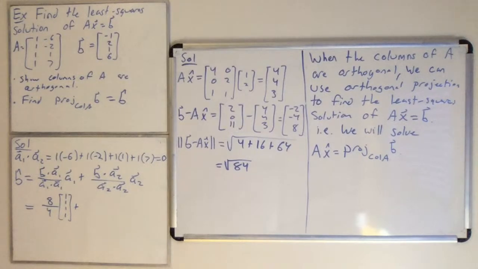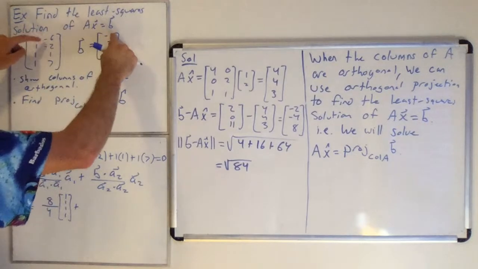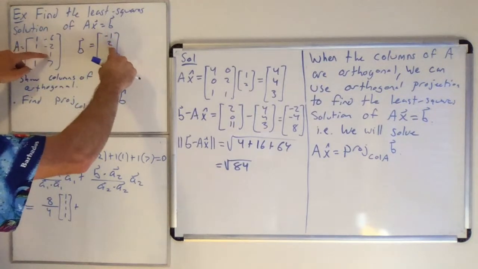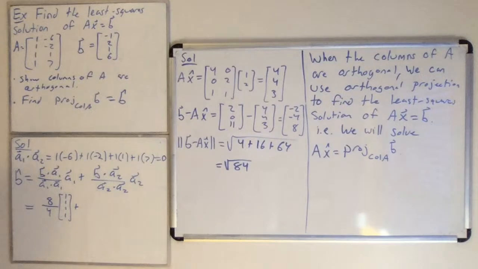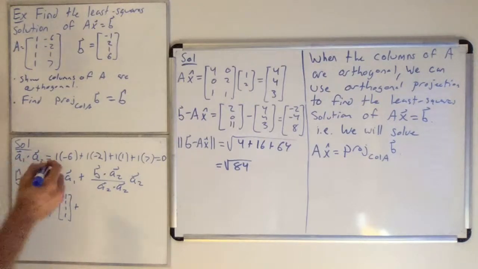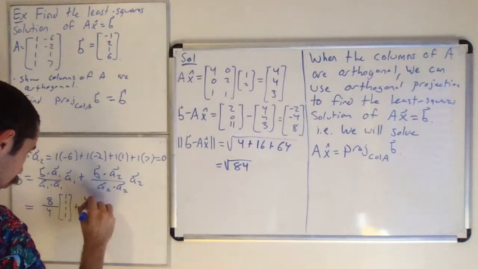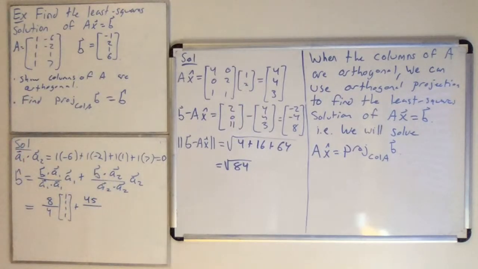B dot A2 is 6 minus 4 plus 1 plus 42, which is 45. And A2 dotted with itself is 36 plus 4, which is 40, plus 1 plus 49, which is 50. 40 plus 50 is 90.